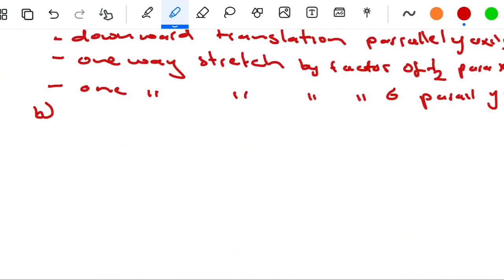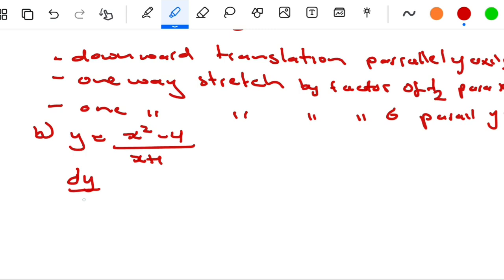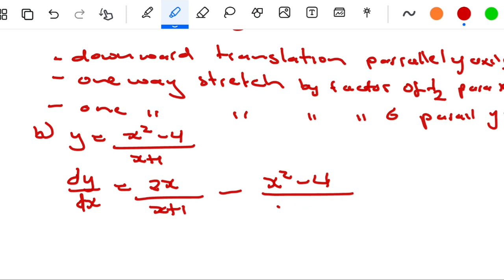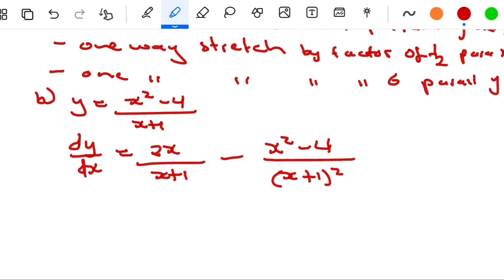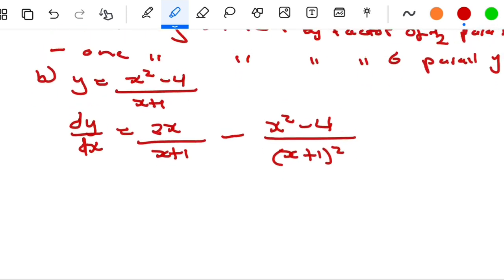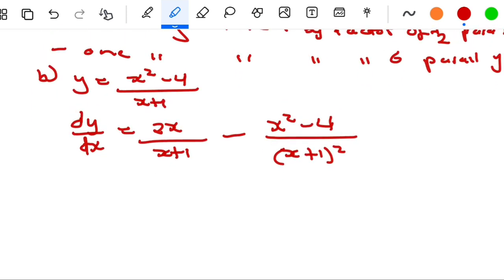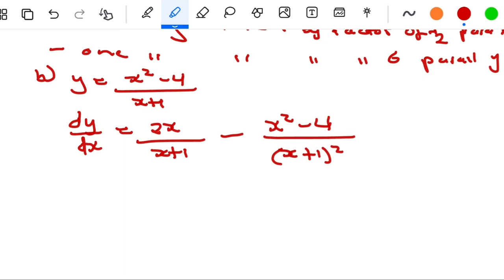Our equation y equals x squared minus 4 over x plus 1, then dy over dx equals 2x over x plus 1 minus x squared minus 4 over x plus 1 squared. So that is differentiation. If you don't know how I did it, use the quotient rule.